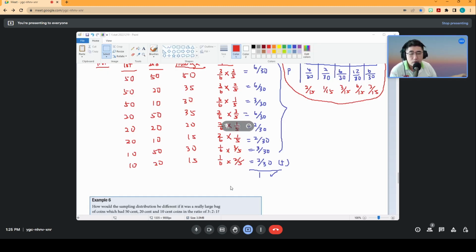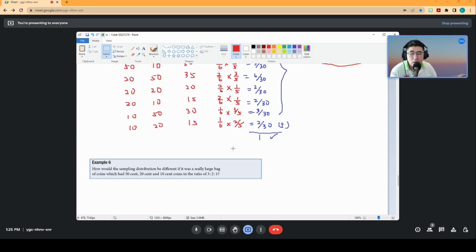This is a similar question to example 5. How would the sampling distribution be different if there was a really large bag containing 50 cents, 20 cents, and 10 cents in the ratio of 3 to 1?